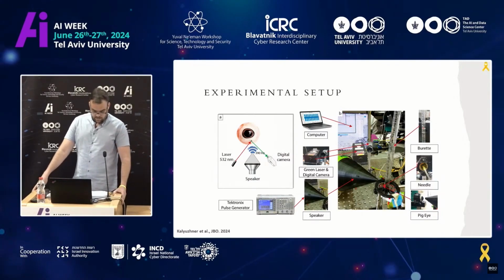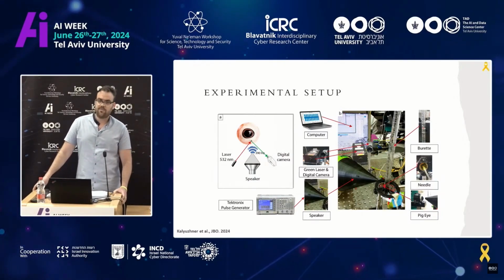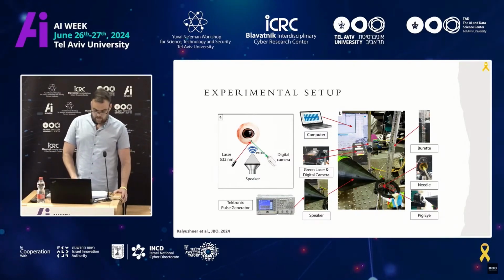To stimulate the sclera, we employed a loudspeaker set to 390 Hz at around 105 decibels, controlled by a function generator. The stimulation consists of 26 cycles, each with 1 second of stimulation followed by 1 second of rest.